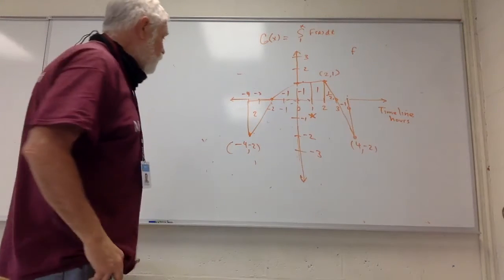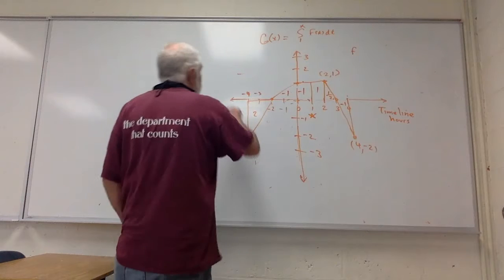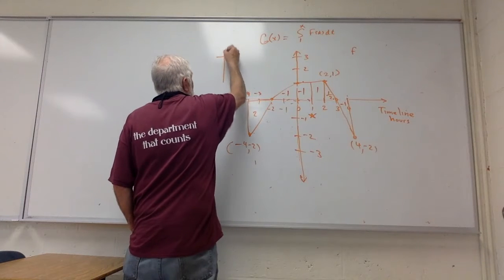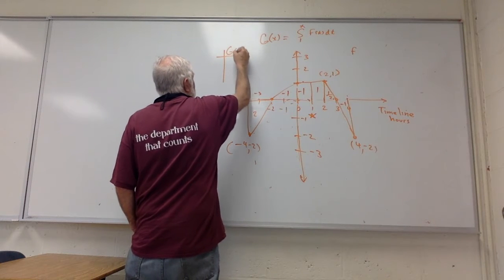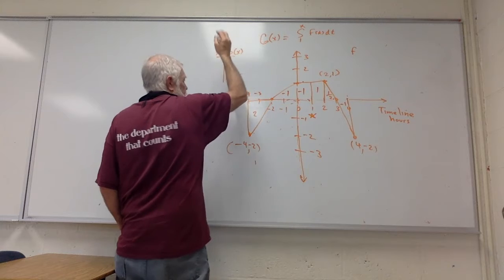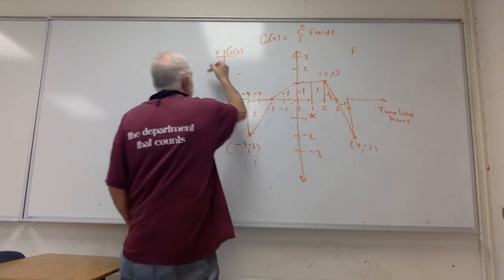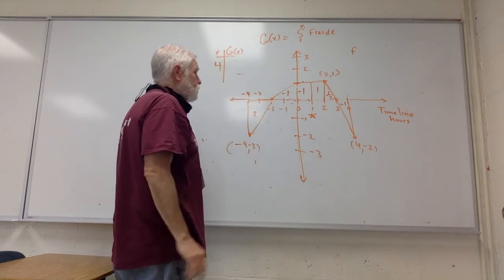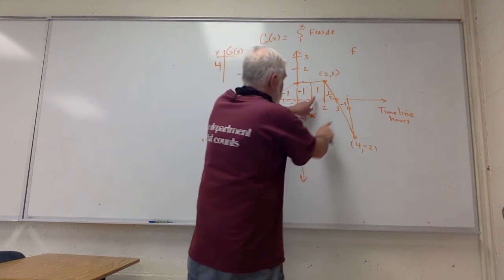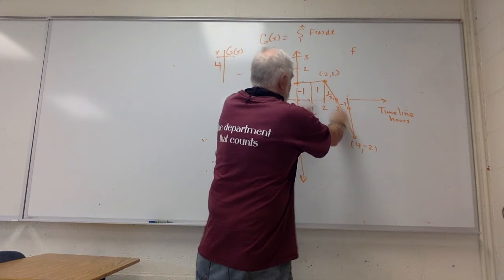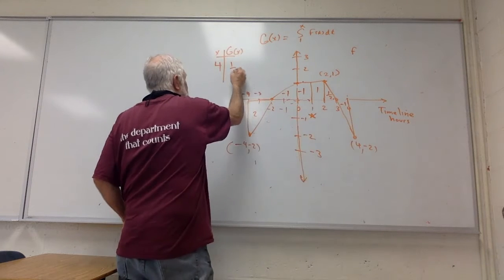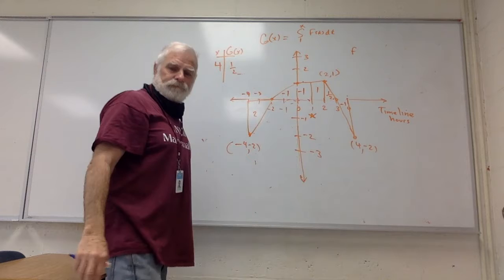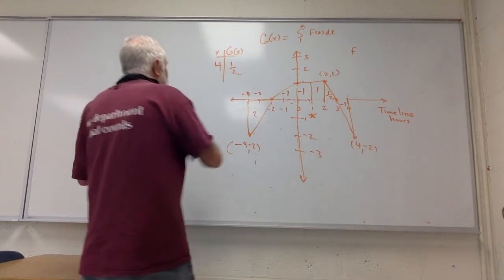Okay, so I've got some ability here, I think, to find some values. So what do I ask? I ask things like, what is g of x when x is 4? Well, I think we got it in front of us. 1 and negative 1 cancel. I guess it's a half. I probably should practice.